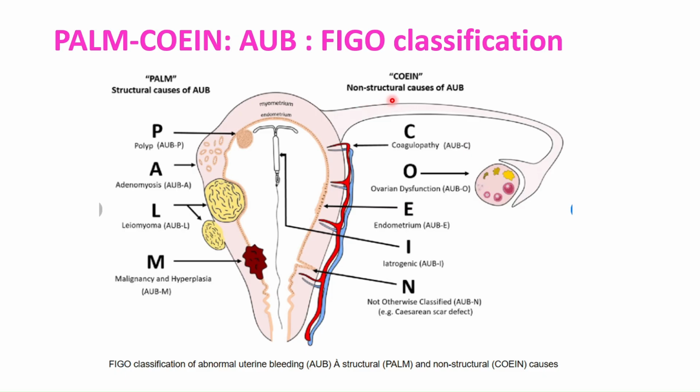COEIN stands for non-structural causes of AUB. C stands for coagulopathy, which is AUBC. Ovarian dysfunctional causes, which is AUBO. Endometrium, which is AUBE. Iatrogenic, AUBI. And N stands for not otherwise classified, AUBN.